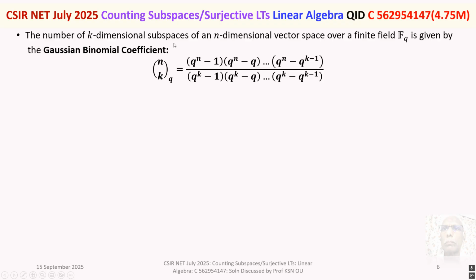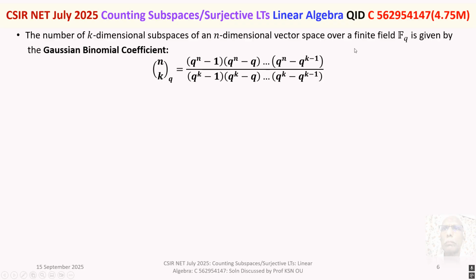It counts the number of k-dimensional subspaces of an n-dimensional vector space over a finite field Fq, given by the Gaussian binomial coefficient n choose k suffix q, which is (q^n minus 1)(q^n minus q)(q^n minus q^2) etc., up to (q^n minus q^(k minus 1)), divided by (q^k minus 1)(q^k minus q)(q^k minus q^2) etc., up to (q^k minus q^(k minus 1)). Right.